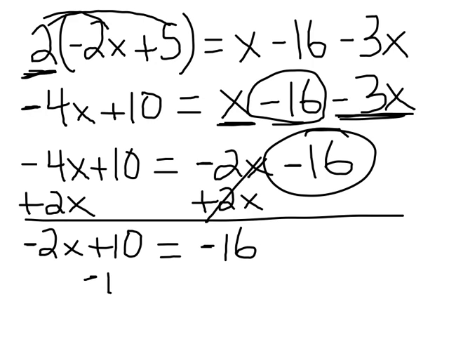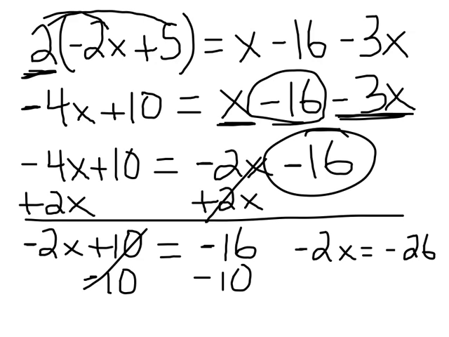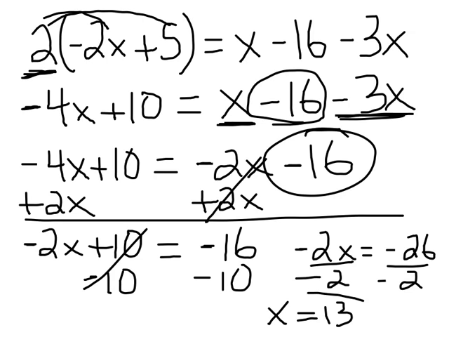Easy two-step. Subtract 10. 10's cancel out. I'm left with negative 2x equals negative 26. Divide by negative 2. x is 13. Positive 13 because a negative divided by a negative is a positive.